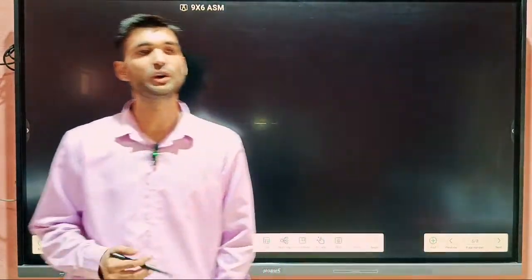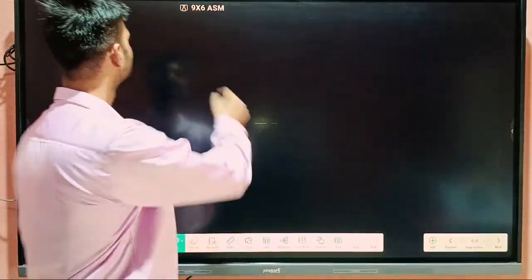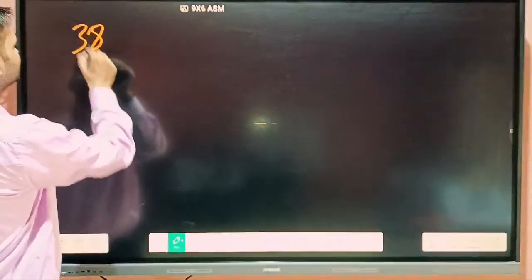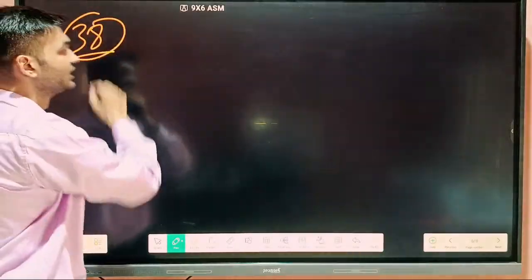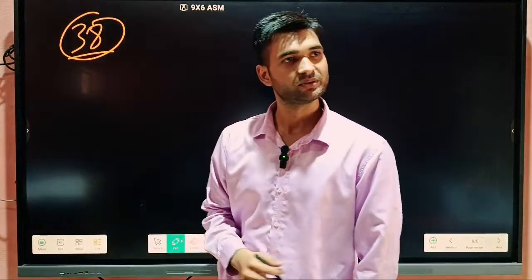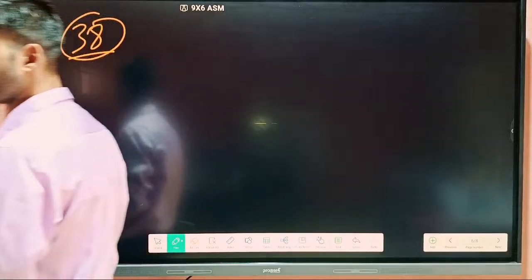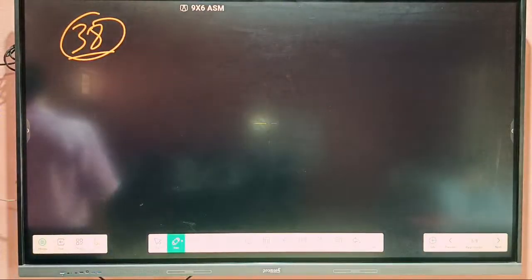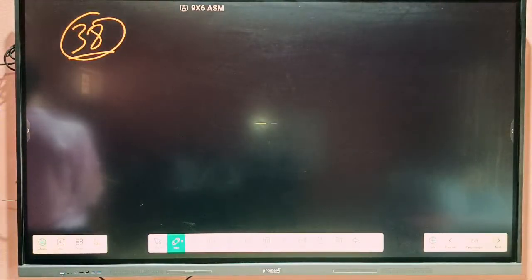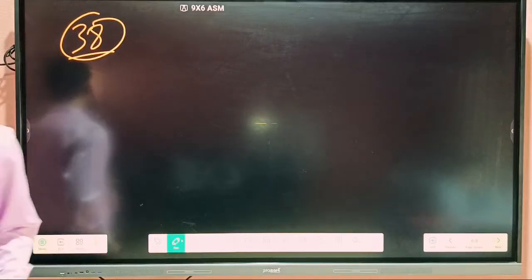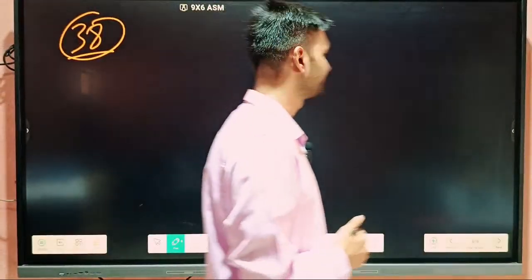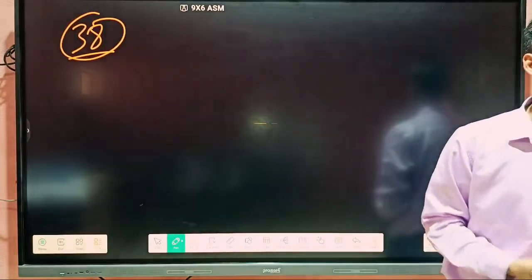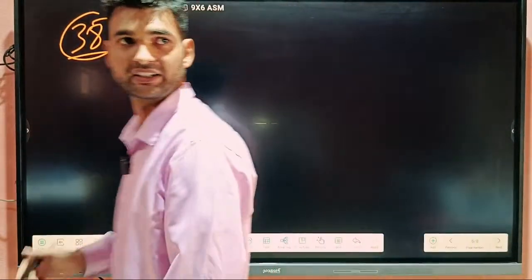So as we know, life originated on Earth 3,800 million years ago. But photosynthesis by the plants, or we can say early plants, originated in water.